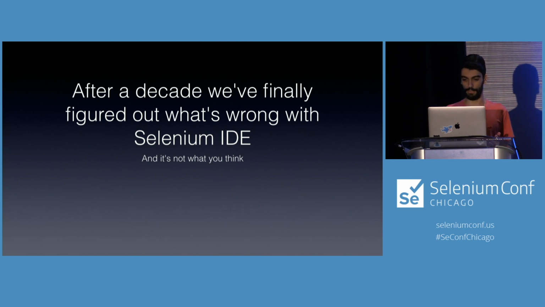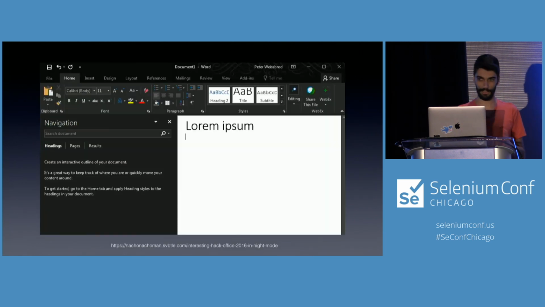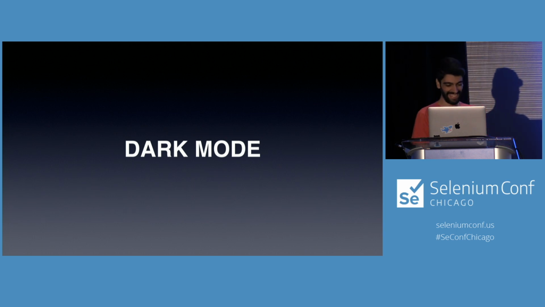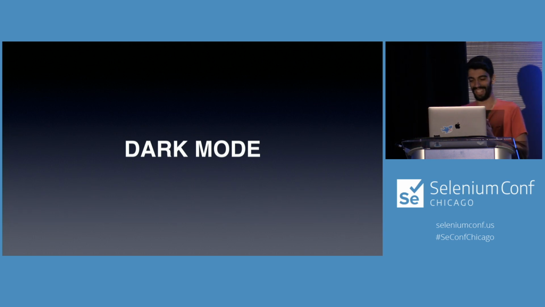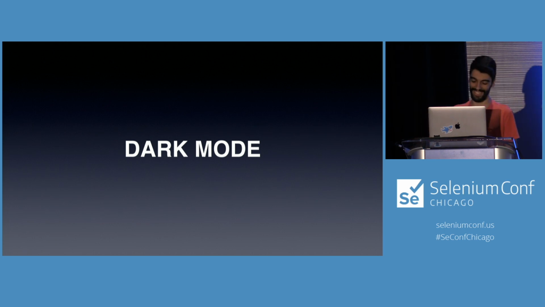We looked at Vim, Xcode, and even Microsoft's Word, and we came to the realization that they all have dark mode. So anyway, the idea is not getting dark mode, but I'd love to have one.